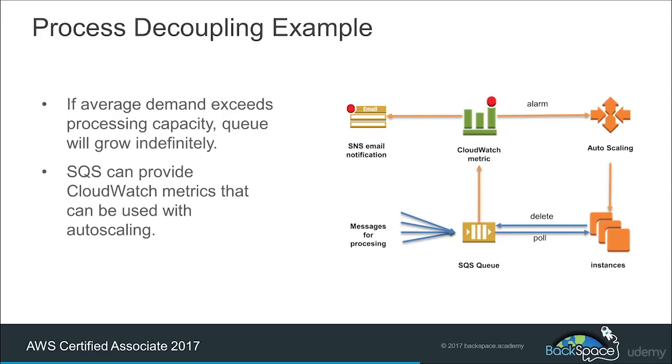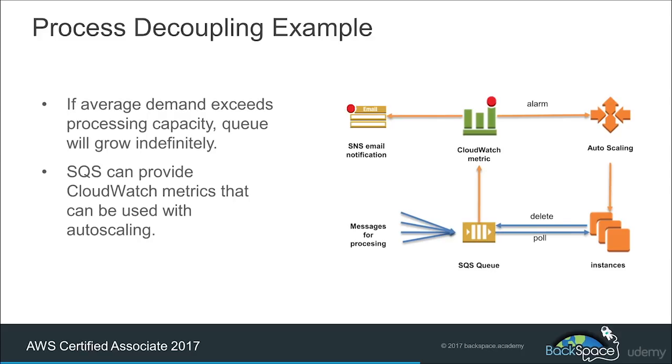But that said, that is not really a perfect solution, because we could have a situation where we just didn't have enough capacity in our processing instances to handle the average demand. And when we have a situation like that, the SQS queue will just grow and grow indefinitely to the point that the SQS queue becomes overloaded and crashes. So we don't want that to happen.